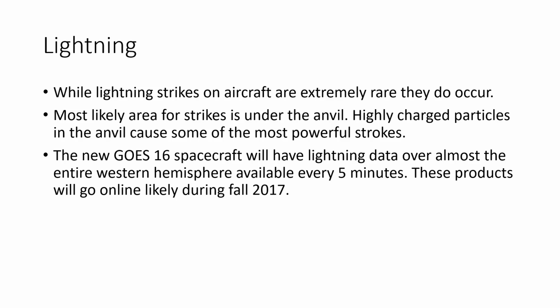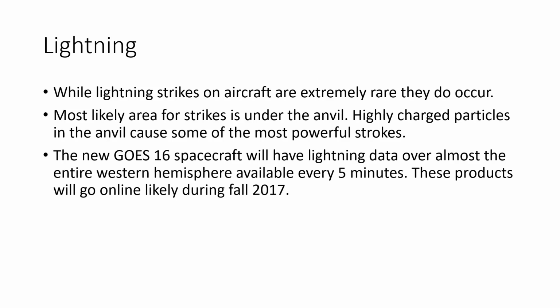We've talked about lightning a lot. The new GOES-16 spacecraft that's up there now will have lightning data, and I am sure, because it's part of the Weather Service family, that data is going to be available to all pilots. It's basically going to cover the entire western hemisphere, so it'll go out over the waters a ways and cover all the United States, Canada, Mexico, down into South America some.